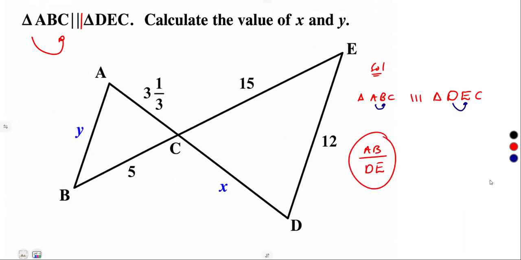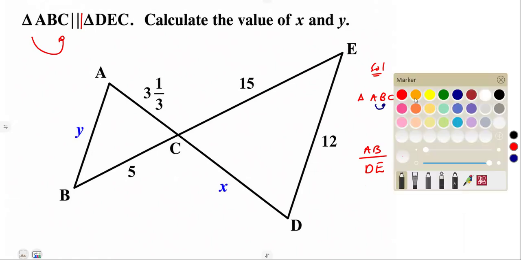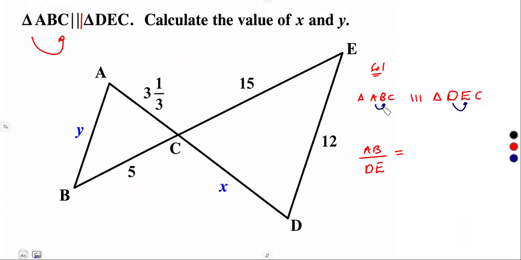This is the ratio of sides. It must be equal to the one that follows, from B to C over E to C, so BC over EC.